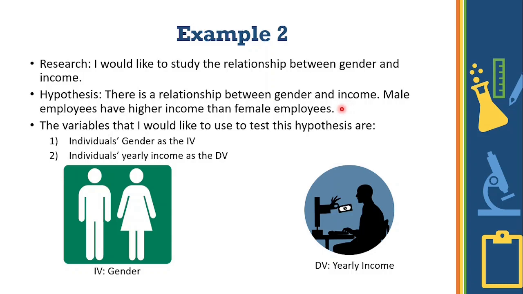Now, to test this hypothesis, I use two variables, where my independent variable is the individual's gender, the dichotomy of male or female, and the second variable, being the dependent variable, is their yearly income.